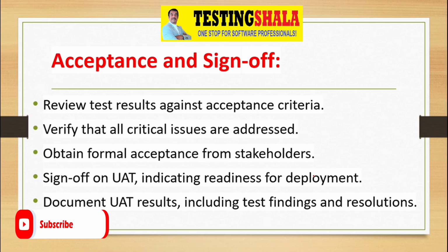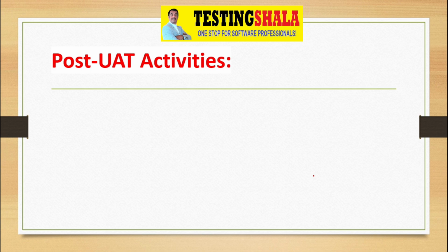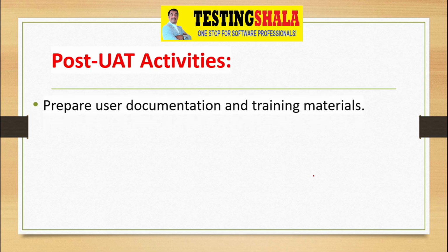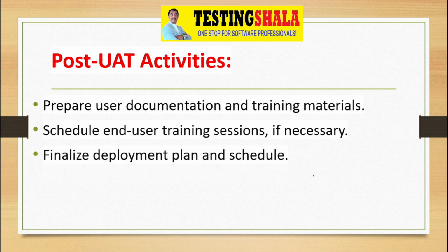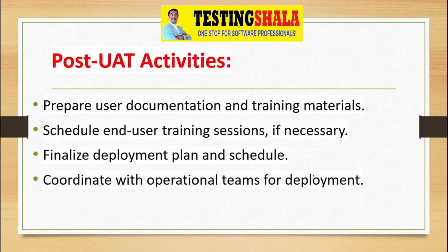And once the UAT is done, the next activity we are required to perform is post-UAT activities. We have to prepare the user documentation and training materials, and schedule the end user training session if necessary, and finalize the deployment plan and schedule, because that software is going to be deployed into the production environment, so that all the end users know how to use that application, and coordinate with the operations teams for deployment as well, because they will be doing the deployment into the production environment.